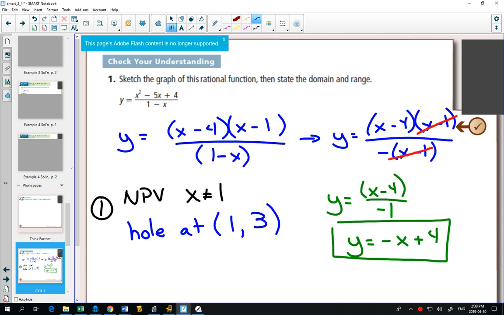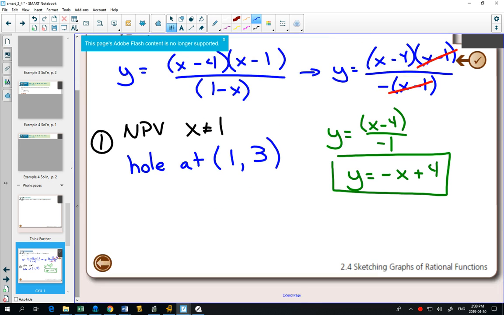When I go to graph this now, since that green equation is something I know how to graph, 1, 2, 3, 4, I have a y-intercept at 0, 4, a slope of negative 1. Tells me I'd have an x-intercept at 4, 0.